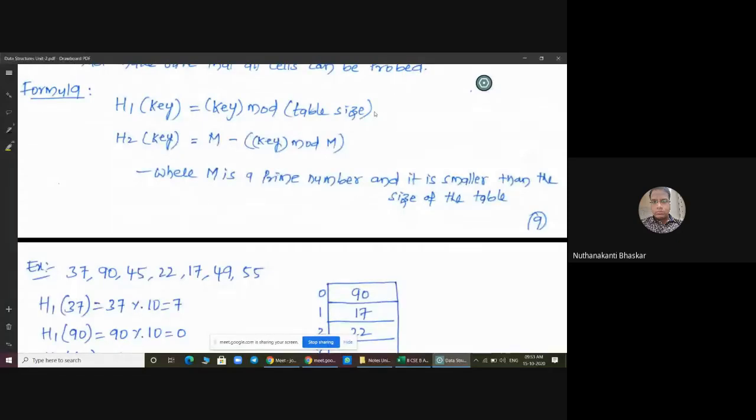The second hash function always provides, after a collision, how many locations we have to move to insert that particular input value. So the second hash function is m minus key mod m, where m is a prime number which is less than the table size.